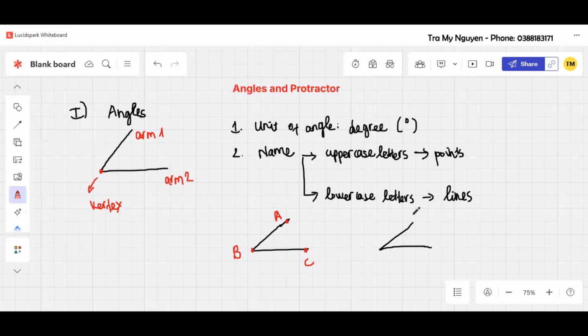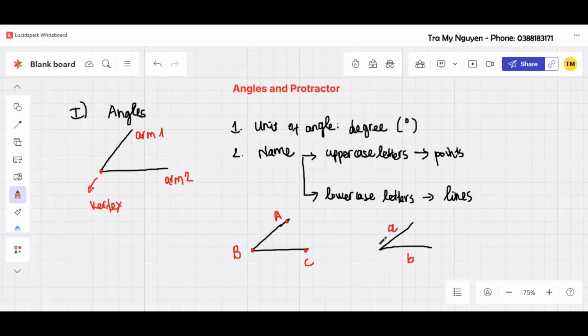Moving on to the second angle. Instead of using uppercase letters for points, I will use lowercase letters instead. So I will write a and b. I need to use lowercase letters because I am using them to name the lines.